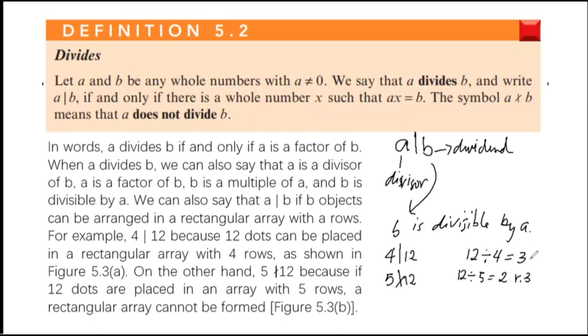Ganon din ang 12 divided by 4, meron din siyang remainder. Ang remainder niya 0. So, ibig sabihin, pwede nating sabihin na ang 12 is divisible by 4 since ang kanyang remainder ay 0. Otherwise, 12 is not divisible by 5 since the remainder is not 0.